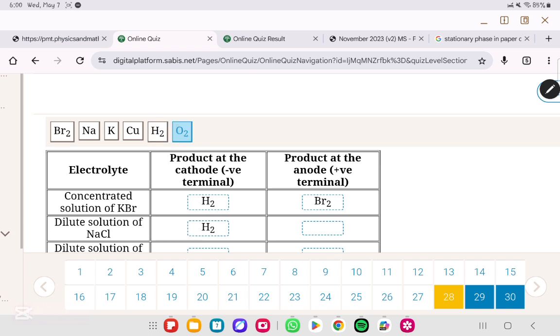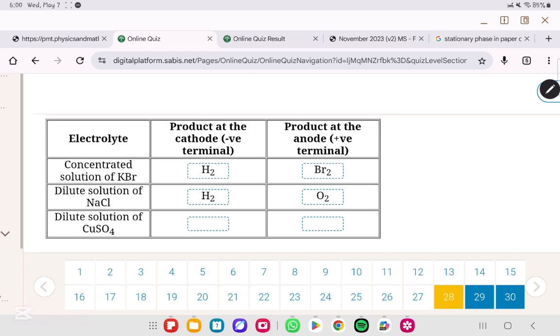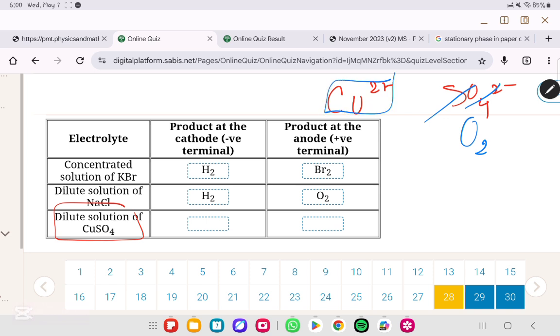So H2, O2. Now finally, dilute solution of CuSO4. Here, Cu2 plus, SO4 2 minus. You should know that SO4 2 minus is weak, so it's going to be replaced by oxygen. When it is dilute, always the anion or the product at the anode is going to be oxygen.